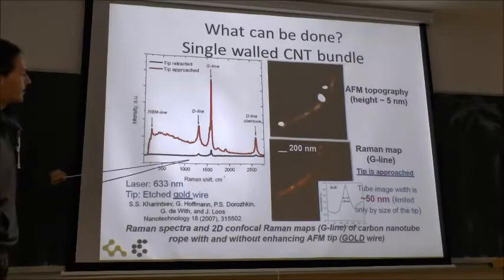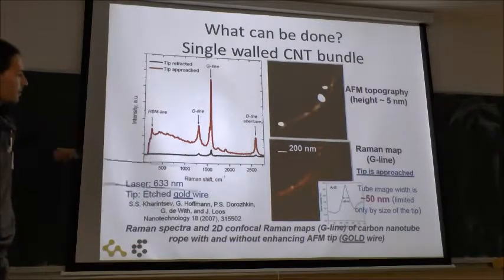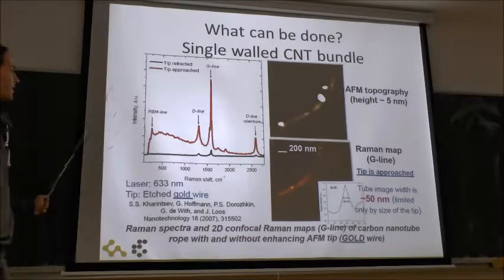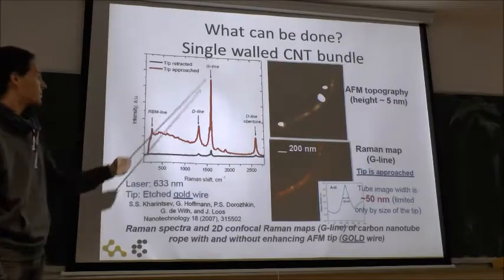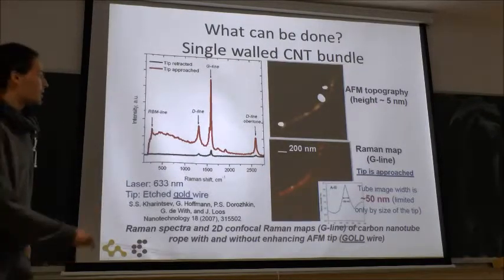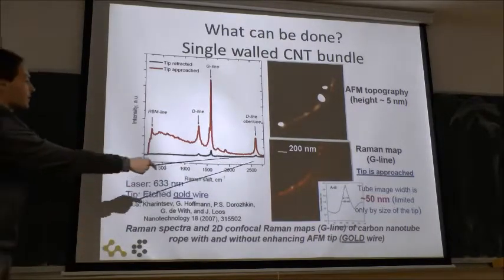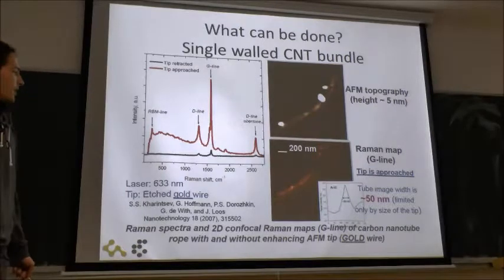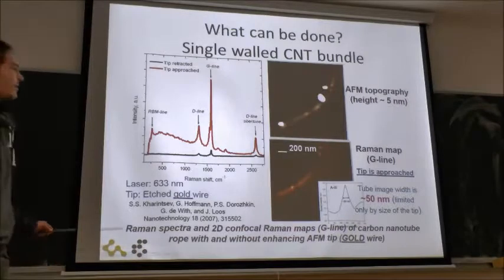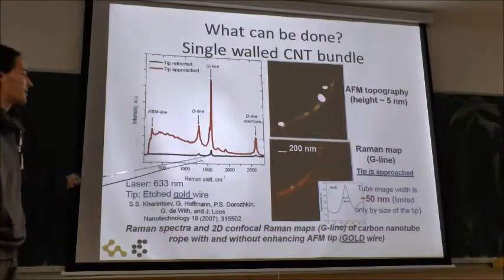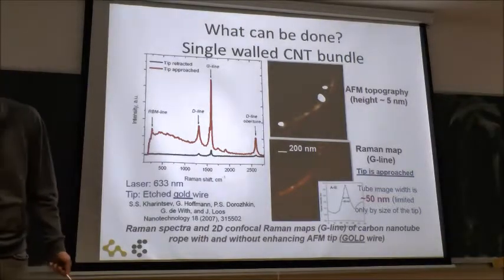Here is the Raman spectra without the tip, and when we bring the tip close to the surface and obtain the same spectra, we see that there is a big increase in the peaks, and we can also see some peaks that we don't see if we don't use such a system. But as I said, a very good tip is a problem too, but it can be done. We need to repeat this measurement several times.